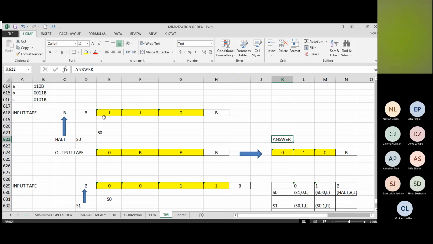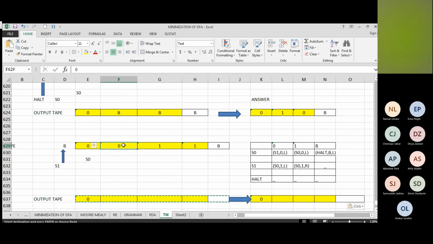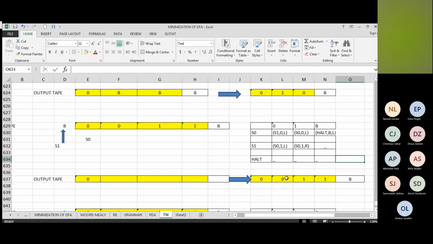So if you consider this is 6, here you are getting 2. Again, in this case, this 0 is kept as it is, and this 0, 1, 1. But whether it is in halt state, no. You will say stuck in S1 state.